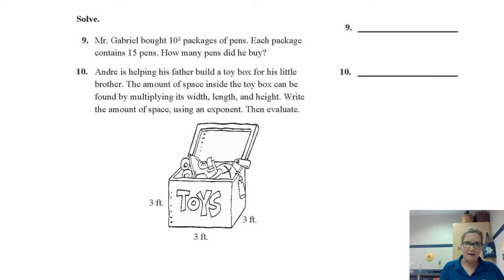Question number 9. Mr. Gabriel bought 10 to the second power packages of pens. Each package contained 15 pens. How many pens did he buy? All right, so he bought 10 to the second power packages of pens. So that would be 10 times 10, which would equal 100 packages.